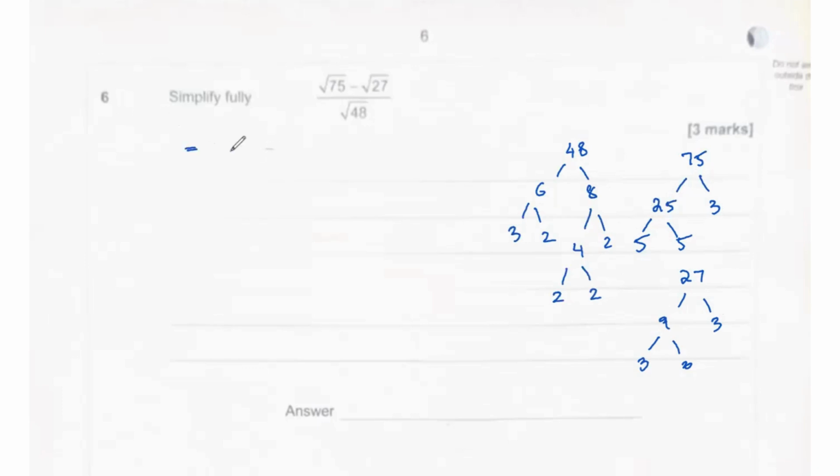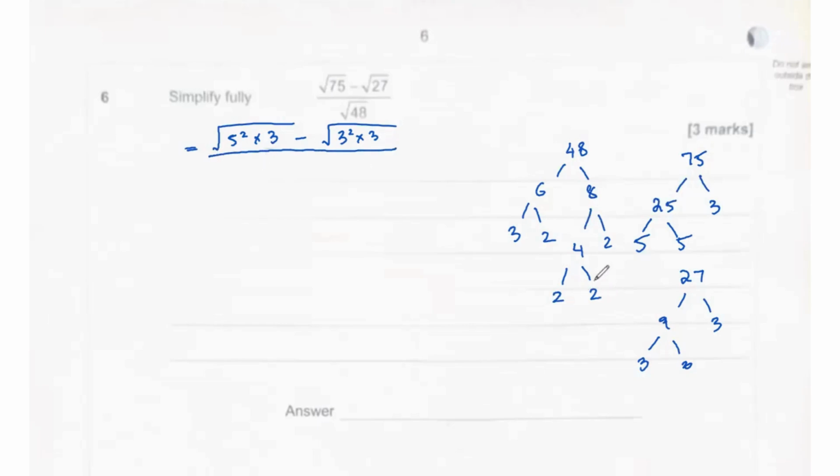So if we rewrite these, we have 5 squared times 3 minus 3 squared times 3. I'm going to keep the square and 3 separate because we're taking a square root. Obviously if we're taking a square root, we can only take the square root of a square number. So if there are any squares, let's keep them separate as squares.